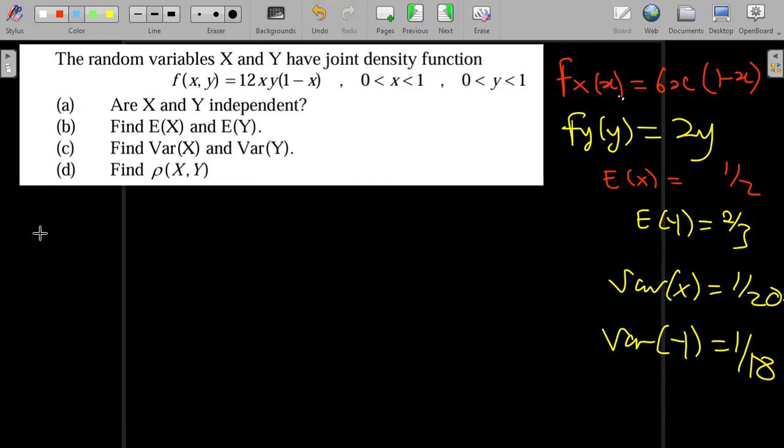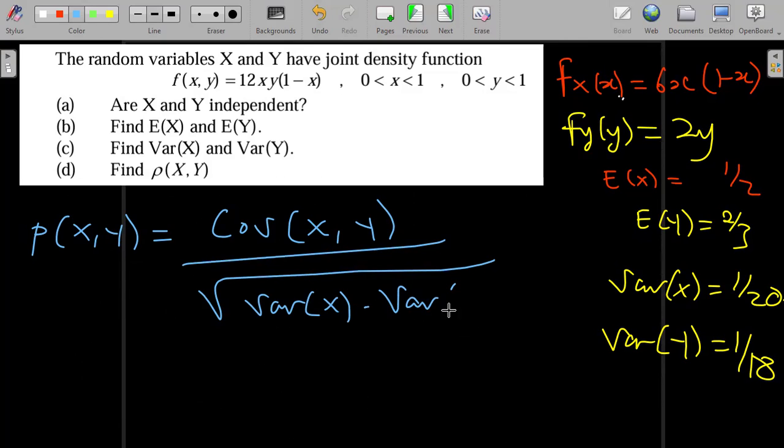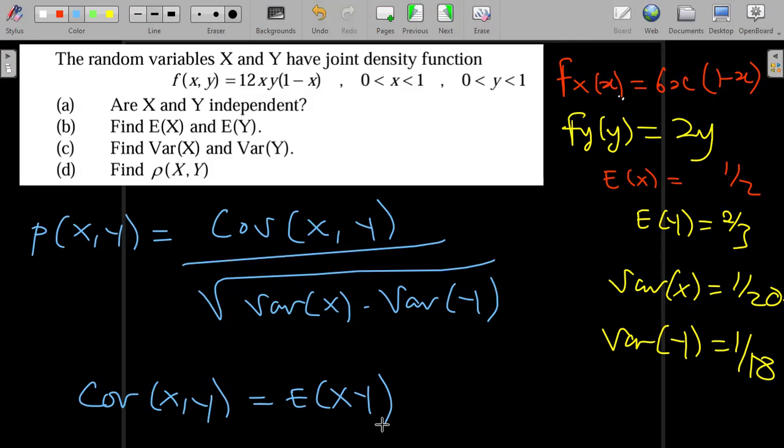So the correlation coefficient is equal to the covariance of X, Y divided by the root of the variance of X multiplied by the variance of Y. This covariance of X and Y is equal to the expected value of XY minus the expected value of X multiplied by the expected value of Y. To find the expected value of XY, you would use the joint.